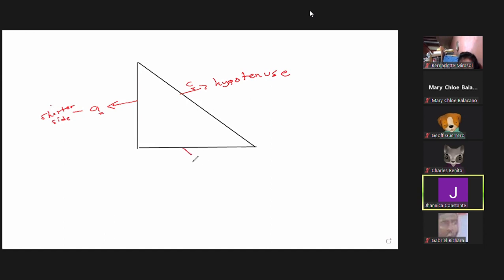This one is the B side of the triangle, the other side or the leg of the triangle. So for you to identify kung which one is the corresponding parts, just identify which one is your hypotenuse, which one is the shorter side of the triangle, and the other side of the triangle. Para hindi mahirapan kung alin ang corresponding parts.